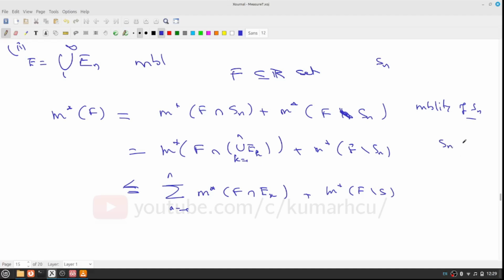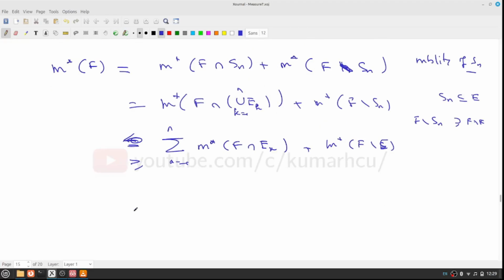Remember, Sn is contained in E. Therefore F minus Sn is greater than or equal to, since taking the complement I am removing a smaller set, so this contains F minus E. So this is greater than or equal to this, and again this is true for all n.